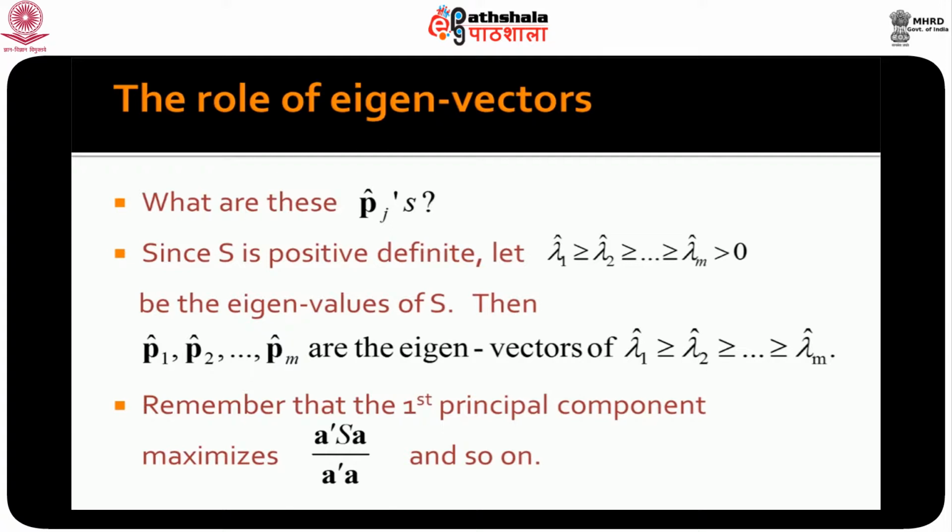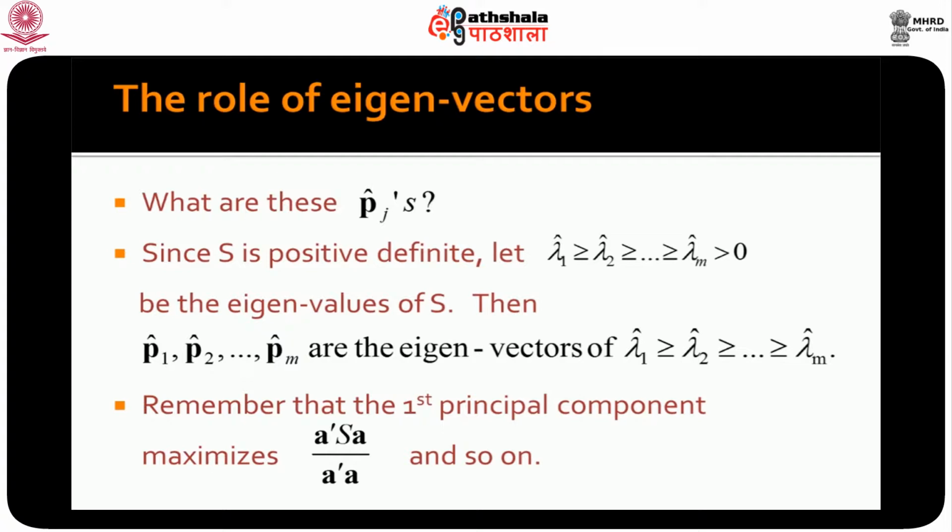Now, we can do this for each individual. So, we can write y_i equal to a prime x_i. In this case, x_i stands for the ith individual with k characteristics, and if we compute the mean, then we have the sample mean for y as y bar, which is equal to a prime x bar.